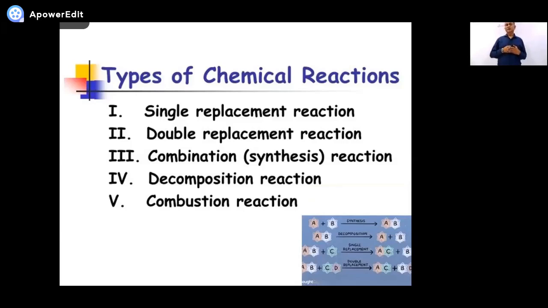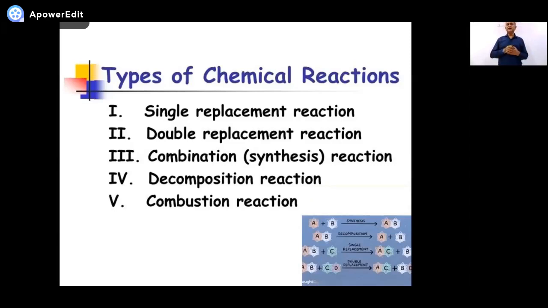Addition reaction means 2 or more than 2 atoms combine to form a single molecule. The reverse of it is decomposition. The bigger molecule will be decomposing, will be breaking apart into smaller atoms or compounds.